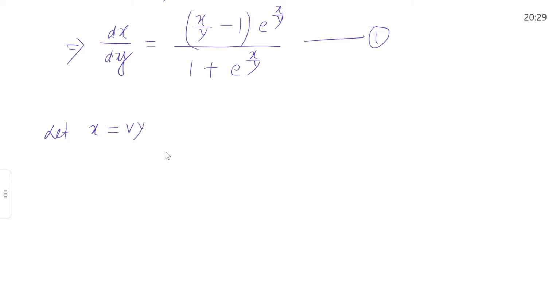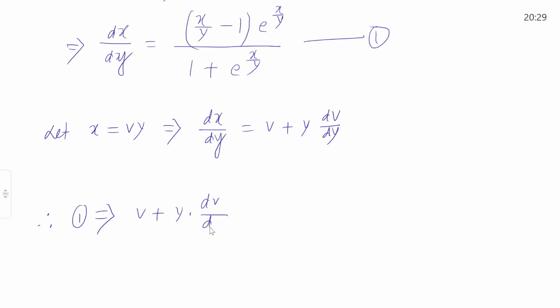From this you get the result: dx by dy is equal to v plus y into dv by dy. Use this in equation 1, therefore equation 1 implies left hand side is v plus y into dv by dy is equal to right side is v minus 1 into e to the power v divided by 1 plus e to the power v.